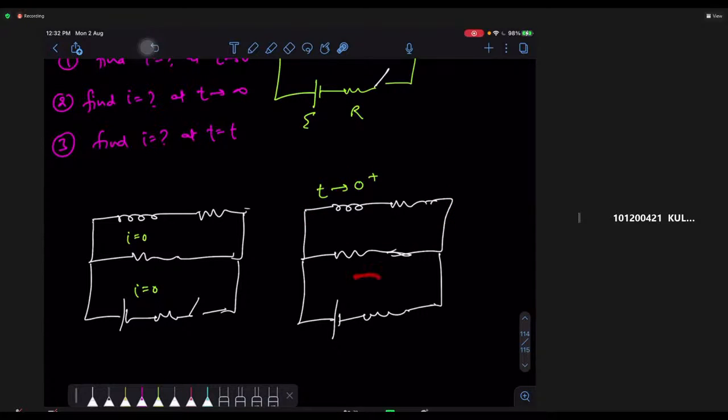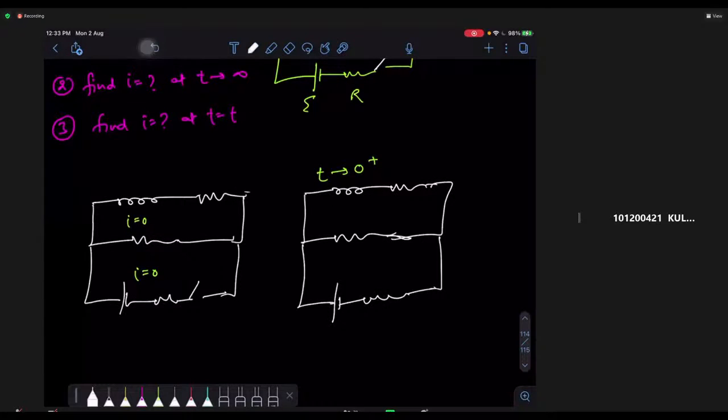But in the other branches, there is no inductor. In the lower branch there is no inductor, so in the lower branch current can jump. But in my upper branch, where there is an inductor, current is not going to jump. The inductor blocks the current jump. It doesn't allow the current to jump.